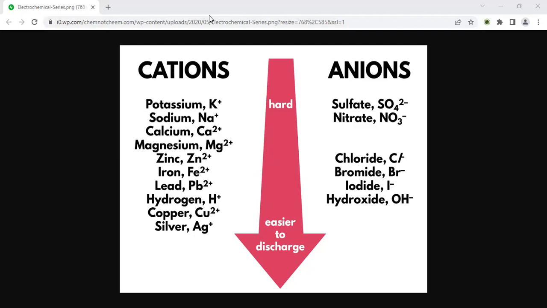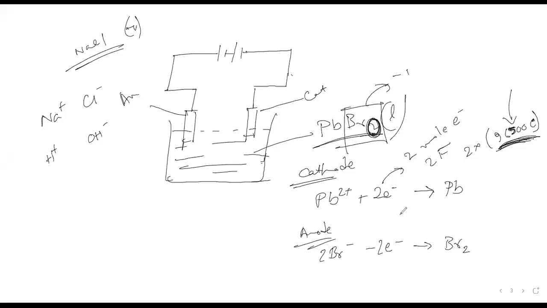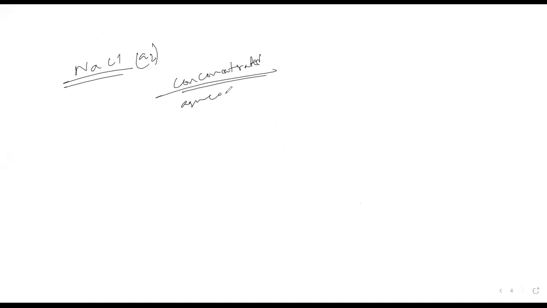Let me show. So let's say we are using NaCl, but instead of a normal NaCl solution, they mention it is concentrated, or they have mentioned aqueous. Concentrated or aqueous means there is 50% concentration or more of chloride ion.